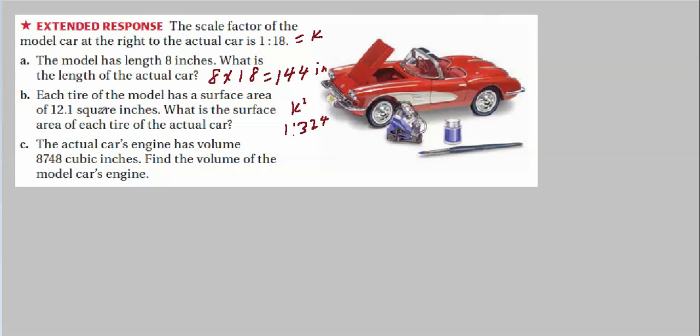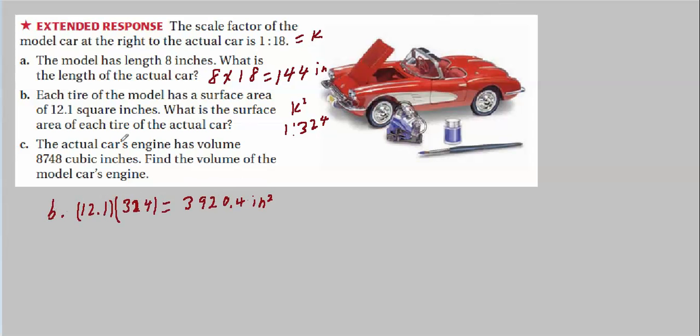So we just need 324 times 12.1. So in B, and I get 3,920.4 square inches for the surface area of the actual tire on the car.